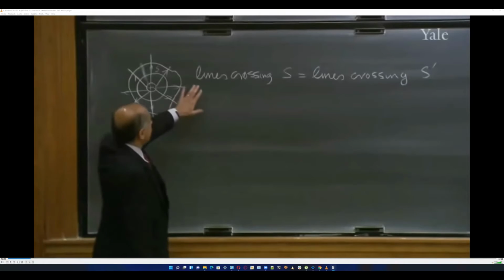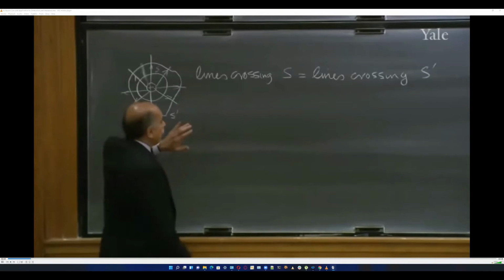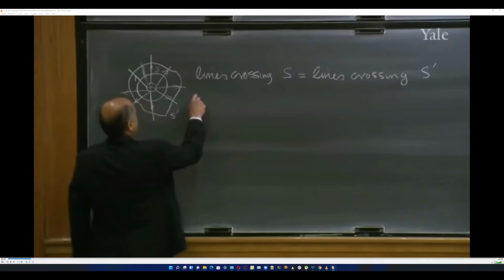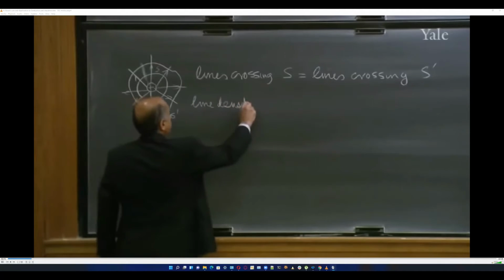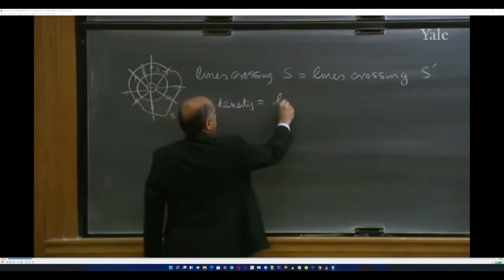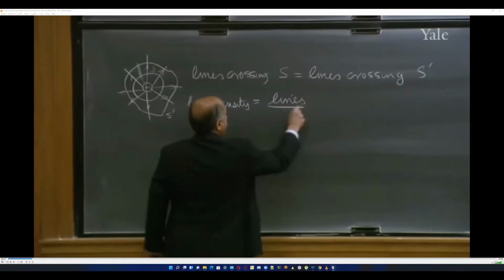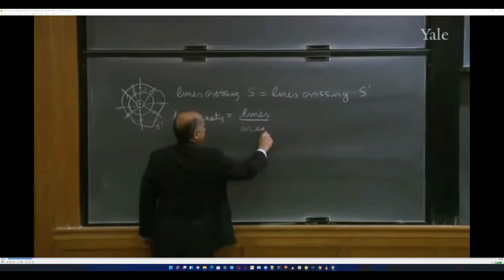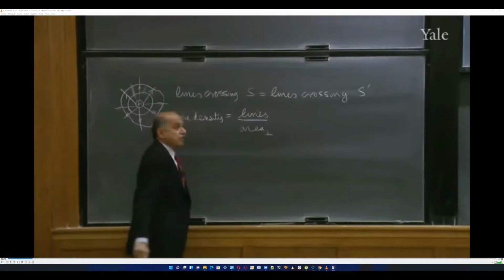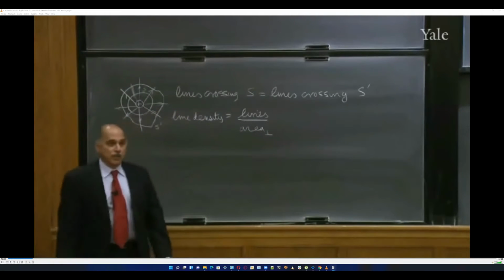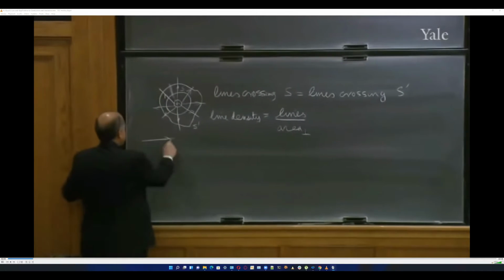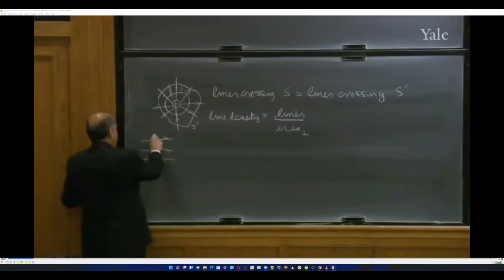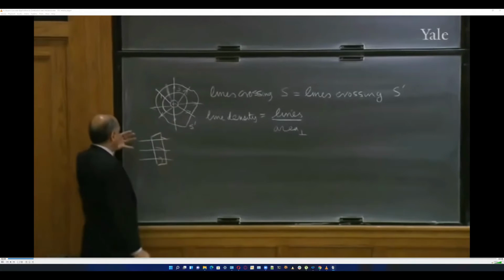Now, how many lines are coming out of S? We know, first, the notion of line density. I've got to remind you what a line density is. Line density is the lines per area, but it's not enough to say area. I'm going to put a perpendicular symbol there. That means if the lines are going, say, from left to right, like this, you want to put an area that intercepts it perpendicularly.